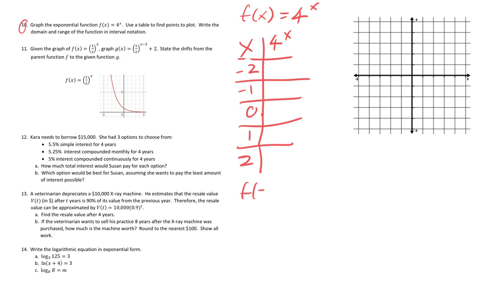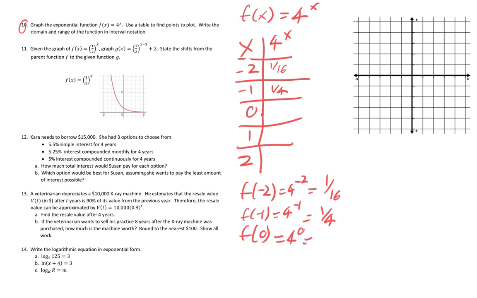So like f of -2 would be 4 to the power of -2, which is going to be 1 over 16. Now f of -1, 4 to the power of -1, is going to be 1/4. And then f of 0 is going to be 4 to the power of 0. And remember, anything to the power of 0 is just 1.